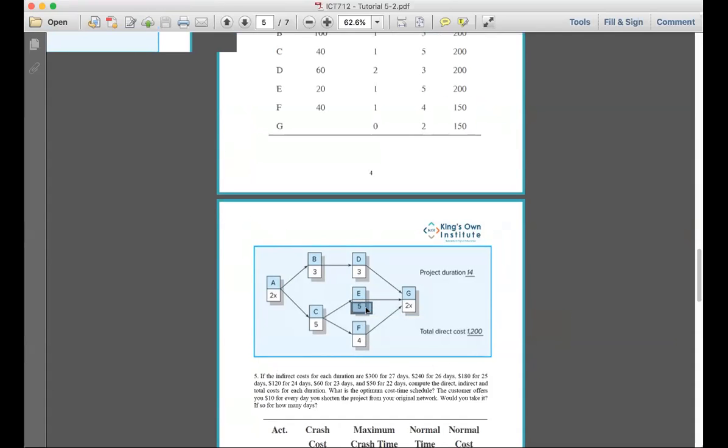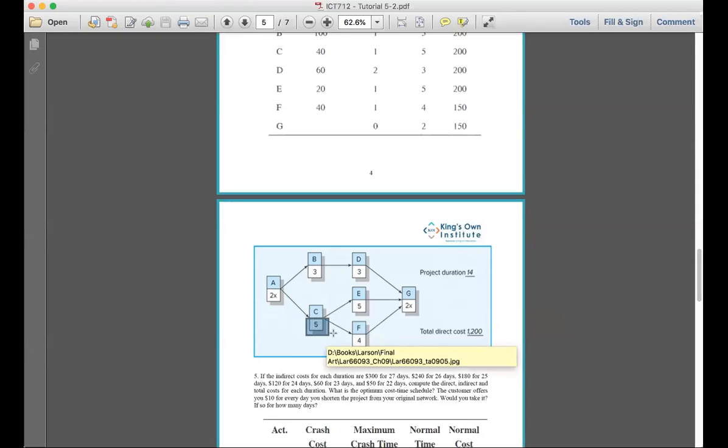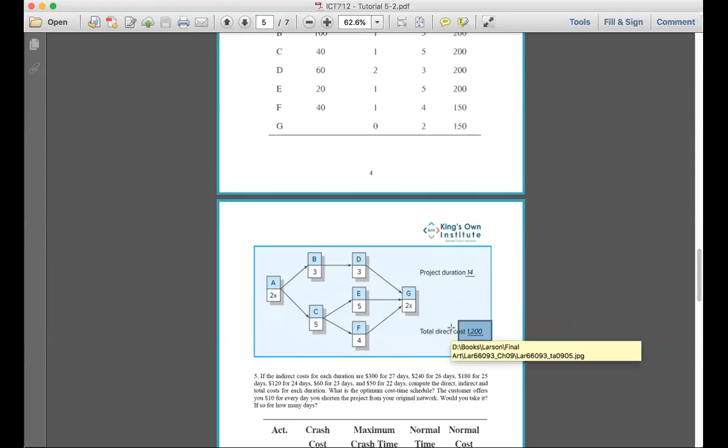After I reduce this, which activity do I reduce after that? C. Correct, because that remains the longest path. If I reduce it, the cost changes from 1,220 and increases by 40, so it becomes 1,260.